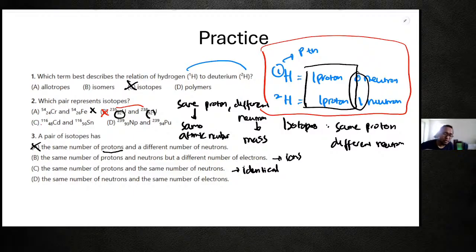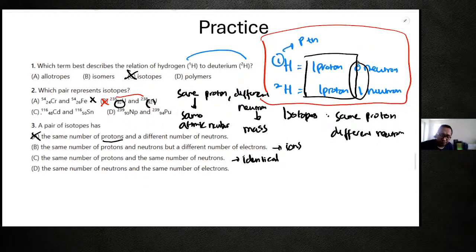So you can see the isotope concept is very important when dealing with questions about isotopes.